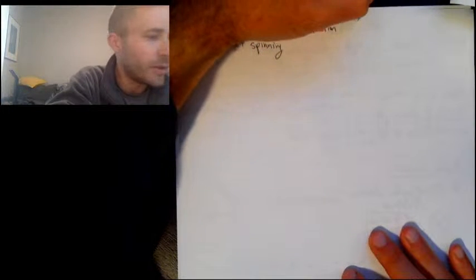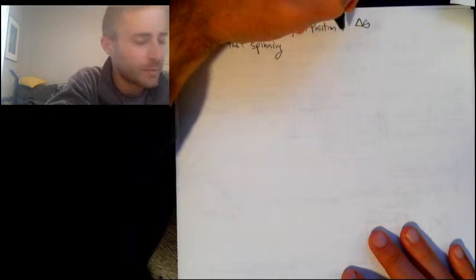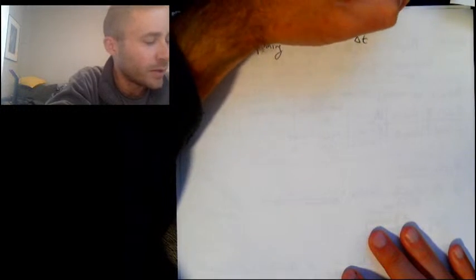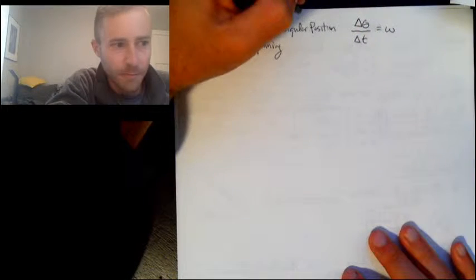And so that would be the angular displacement divided by the time elapsed. And so that is denoted by omega.